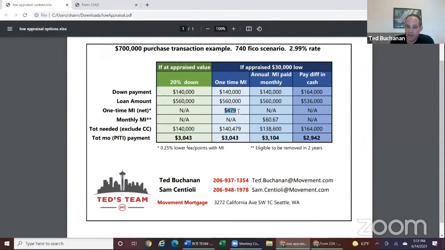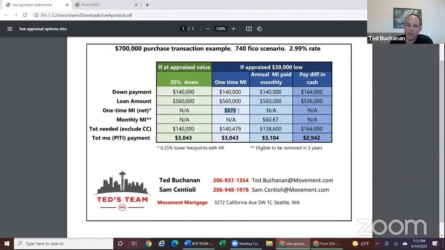For this particular transaction, the appraisal could come in as much as $110,000 low. And it's really irrelevant if the client has that $110,000 or not. It's just the fallout in terms of what that single premium insurance might cost or what the monthly premium would cost. It's up to the buyer to make a decision as to which makes the best sense, and the final decision can be made later once the appraisal comes in.